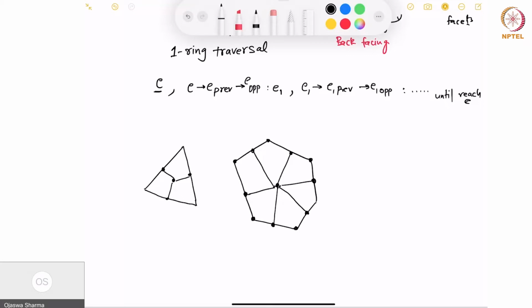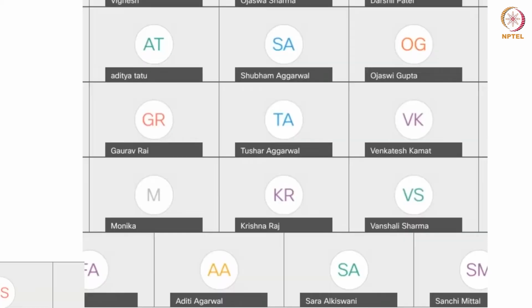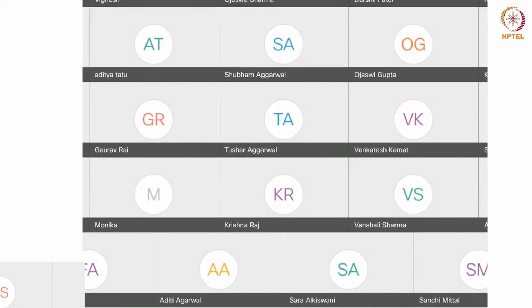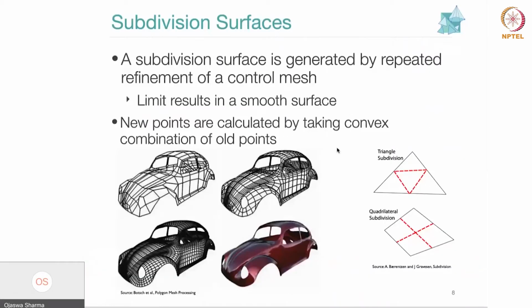But if it's a triangle mesh and you want a triangle mesh, you just subdivide the edges and split it into 4 triangles, like this. So that's one. And in the limit, these eventually boil down to some Bezier patches or spline surfaces.